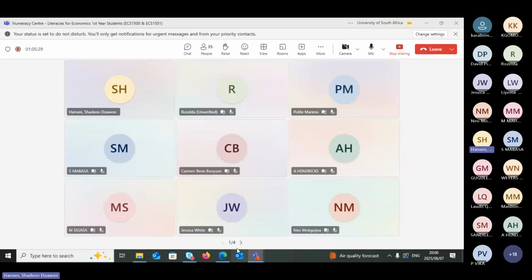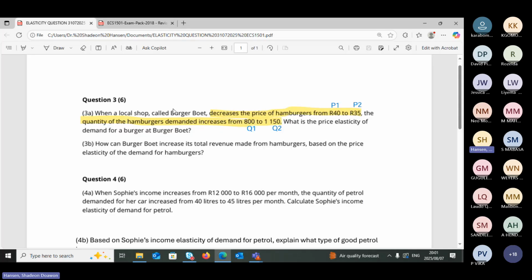So, we've done elasticity questions last week, eh? But I just want to touch on what we've done last week, students. Remember this question over here, all right? And I also said that the general form, the one that we use if they did not specify the point formula or the arc formula, is the arc formula.